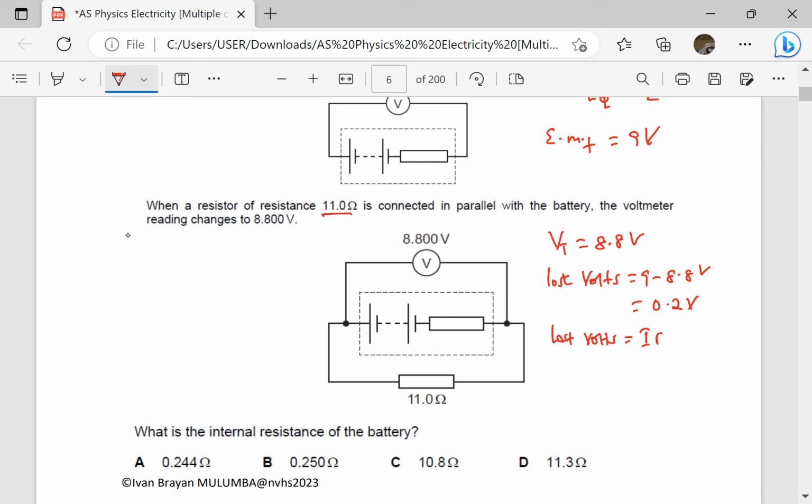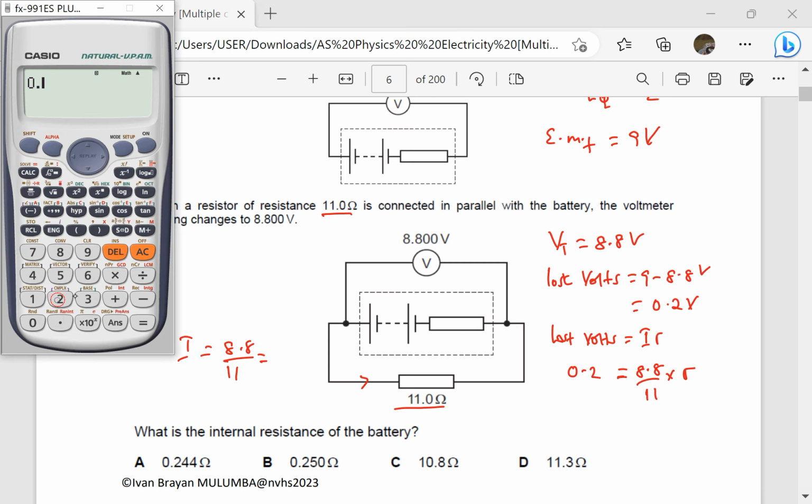Since I know the PD across this one is 8.8 volts, I can tell the current. The current in the battery is going to be equal to the PD, which is 8.8, divided by the resistance, which is 11. So the lost volts, which is 0.2, is equal to the current, 8.8 divided by 11, times the internal resistance, small r.